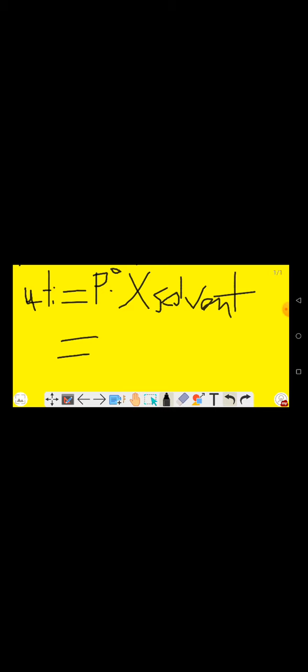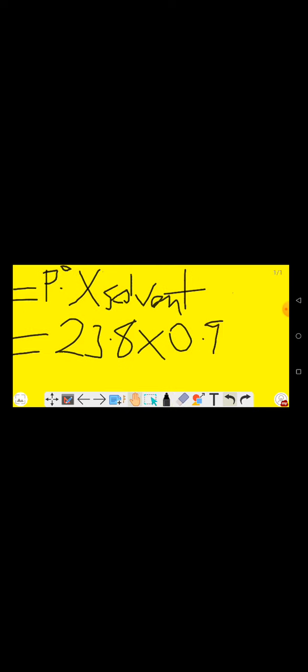It's 23.80, multiplied by the mole fraction of water, which we found to be 0.976.